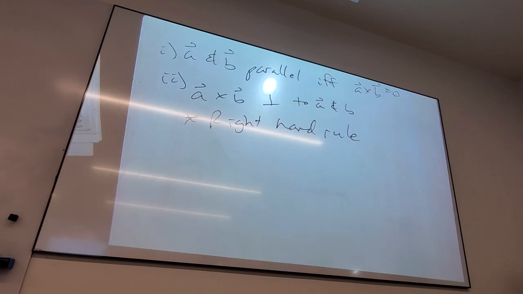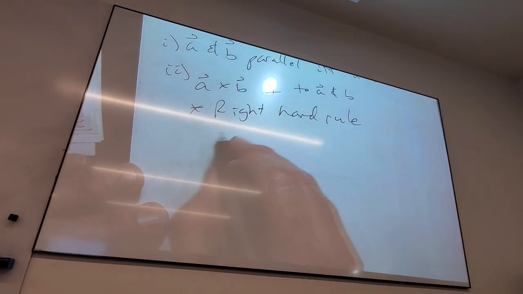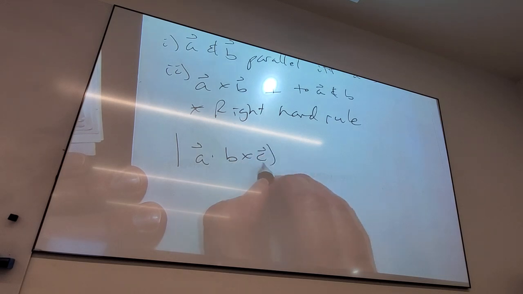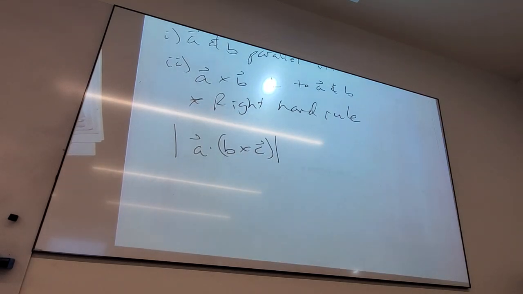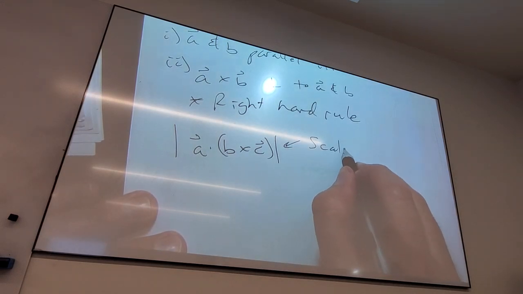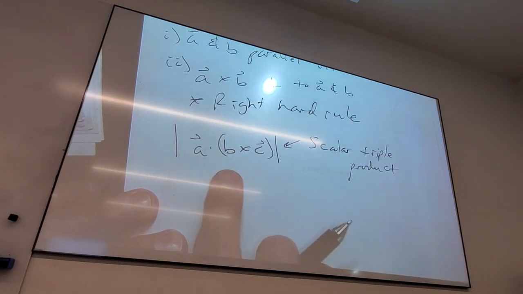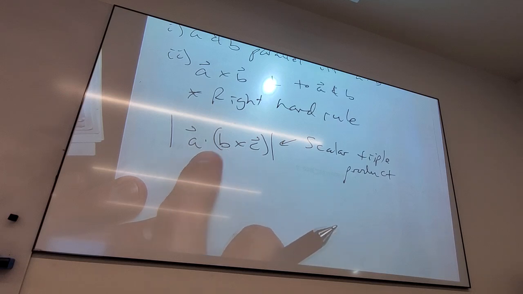So here's the thing about that last one I wrote: the length of A dot B cross C. First off, this is called the scalar triple product, because math people were very creative and said, oh, it's scalar when the answer is going to be scalar, and there's three things in it.